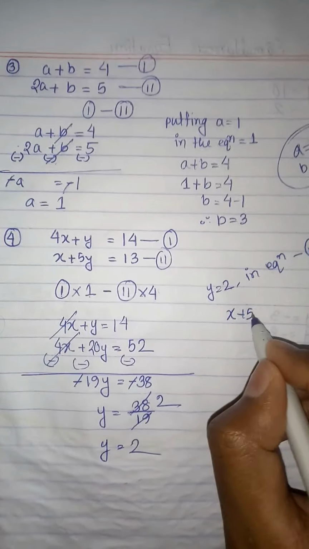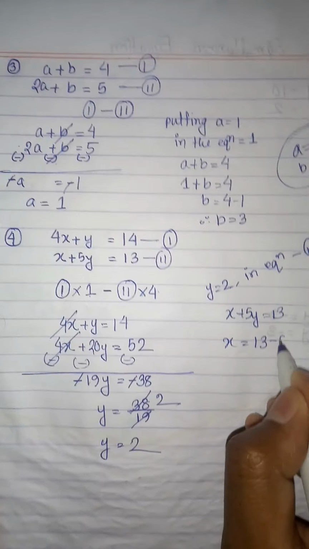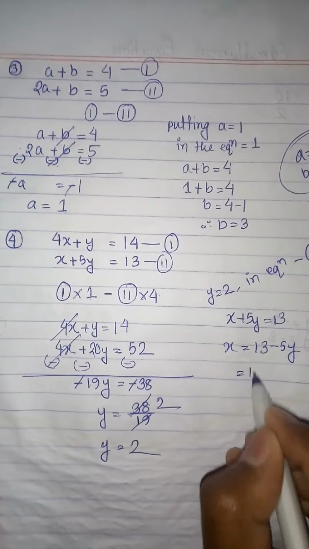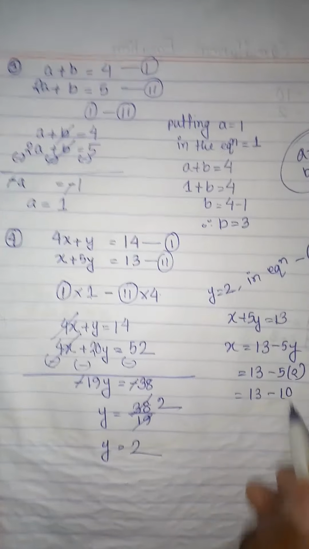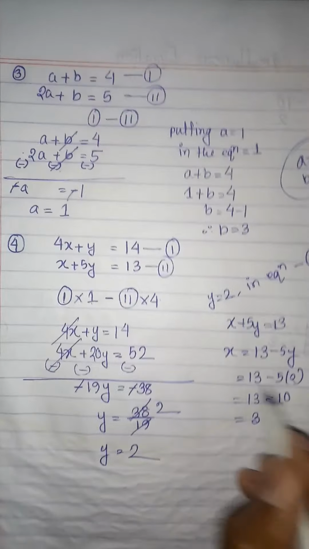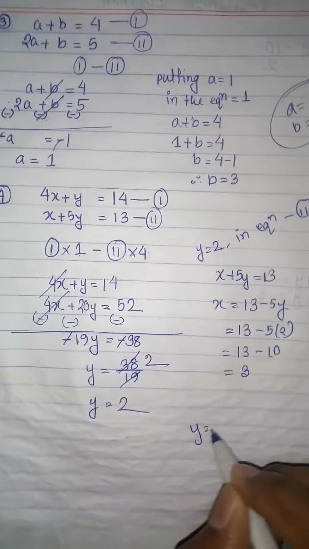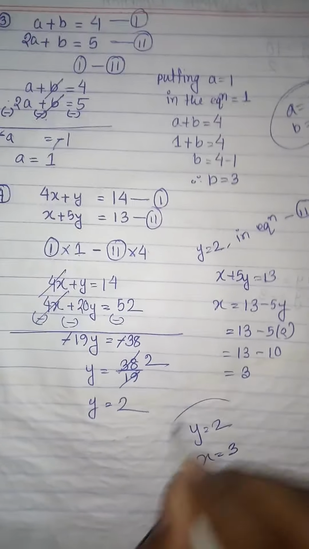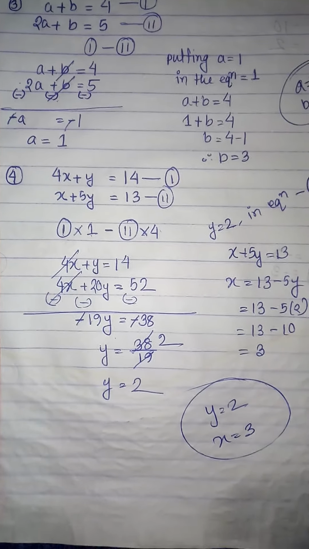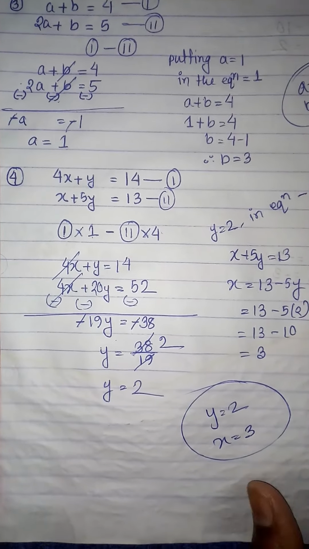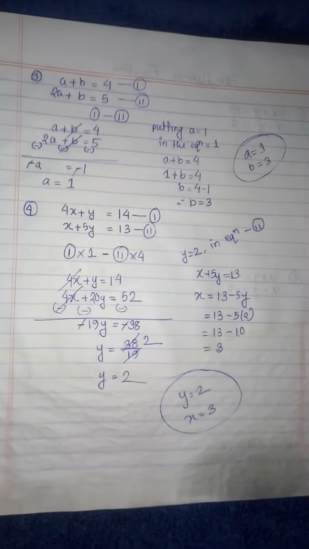So x plus 5y equals 13, so x is 13 minus 5y, 13 minus 5 into 2, that is 13 minus 10, which is 3. So the value of x is 3. As you have seen, the value of y is 2 and the value of x is 3. This is how you need to solve simultaneous equations using the elimination method.